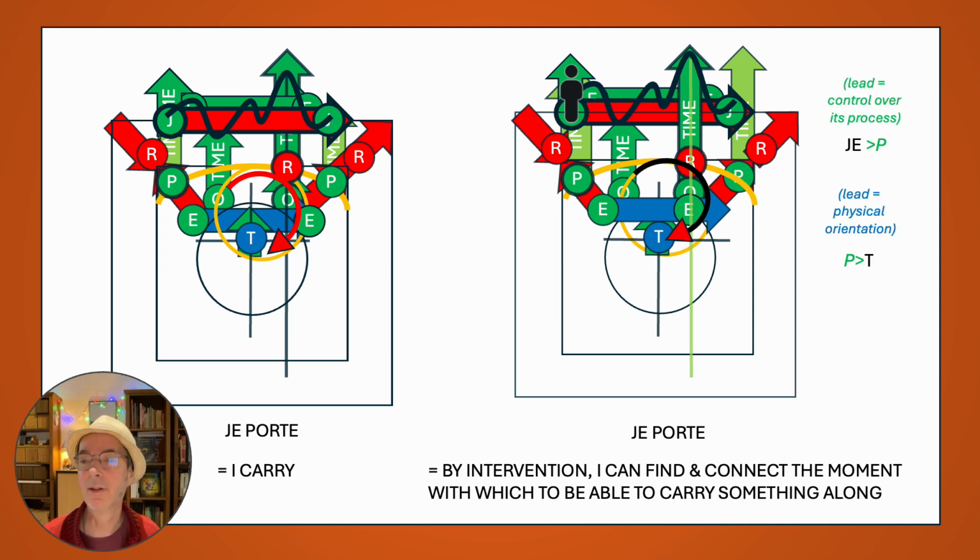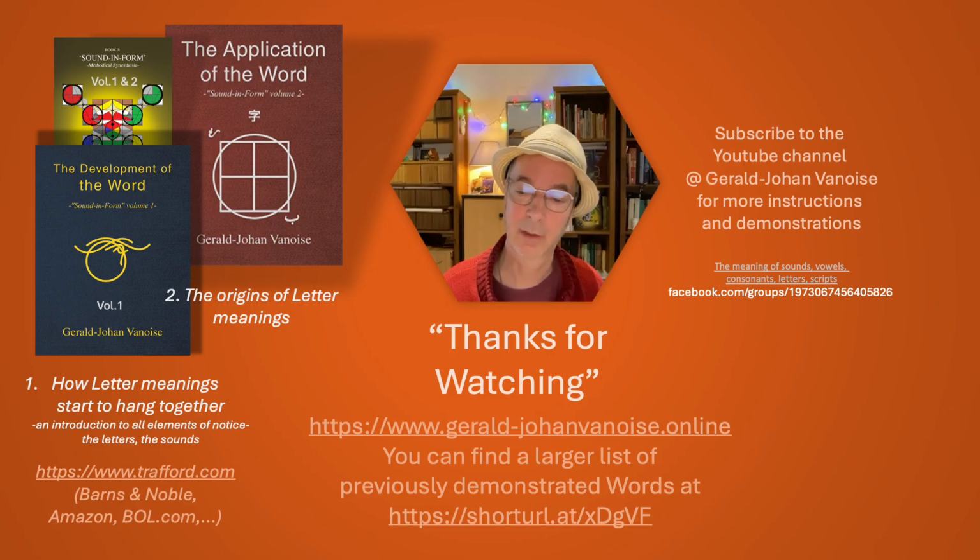So with the lead over the timings, of course, you have control over the process that starts in P. If you don't have any lead in the timings, you of course start from the physical orientation. So the process is dependent on the physical objects, and that's the difference in that focus.